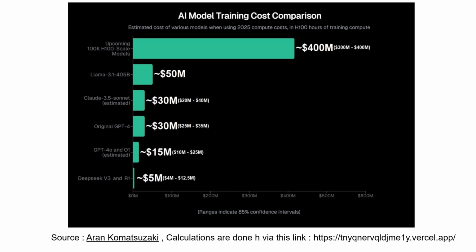You can see the Vercel app. You can visit that link and see his estimates. He estimates that GPT-O1 cost around $15 million, somewhere between $10 million and $25 million, while DeepSeek V3 and R1 is around $5 million. So there is a big difference between the two.